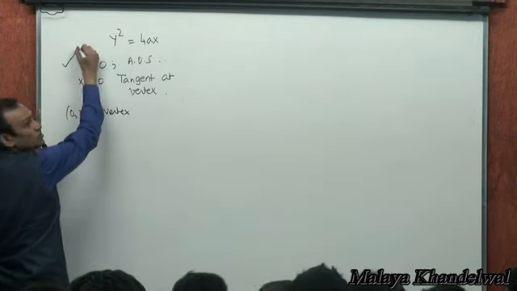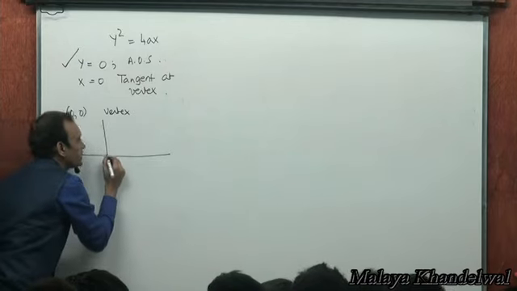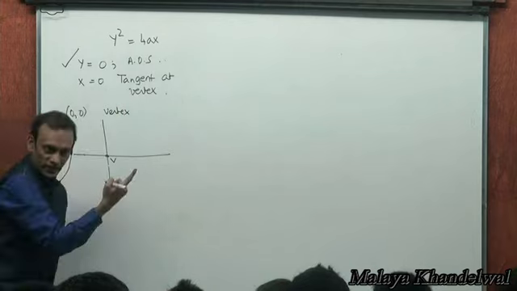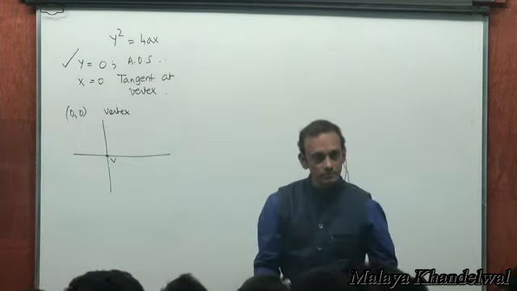The intersection of the axis of symmetry with the tangent at the vertex will always give you the vertex, right? So in this case 0 0 is the vertex, right? Now let me revise this a little bit, right?